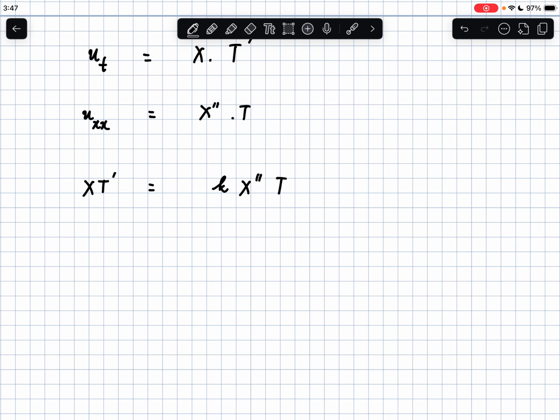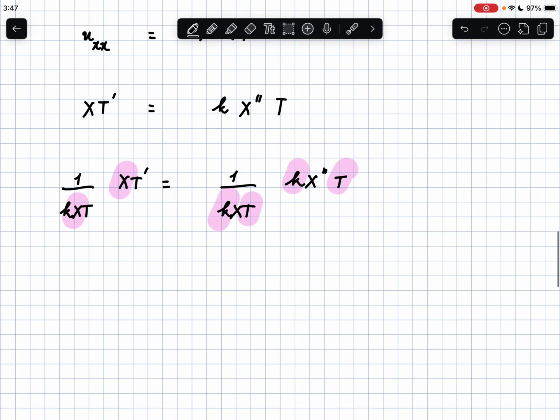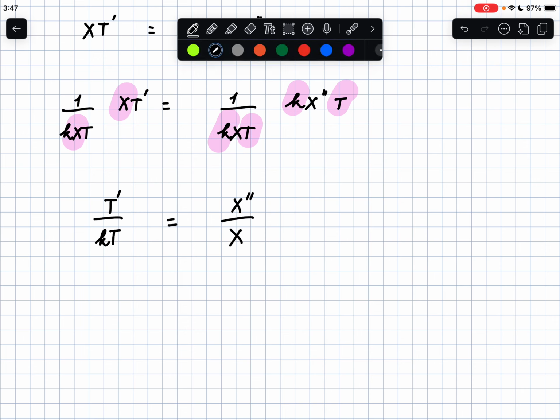One side you have T, one side you have X. To do so, I will divide both sides by k times X times T. Or in other words, I multiply both sides by 1 over k X T. See that on the left, X and X cancel out, and on the right, k and k, T and T. That gives us T prime over kT equal to X double prime over X, and I let it be minus lambda.